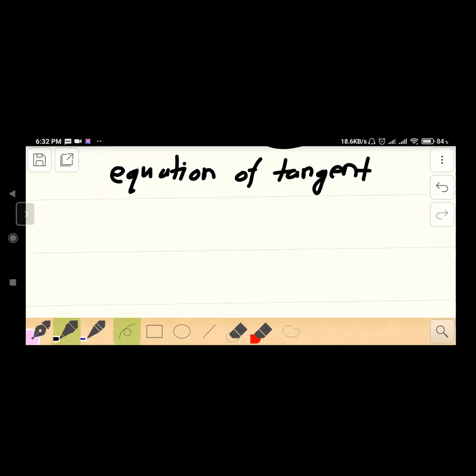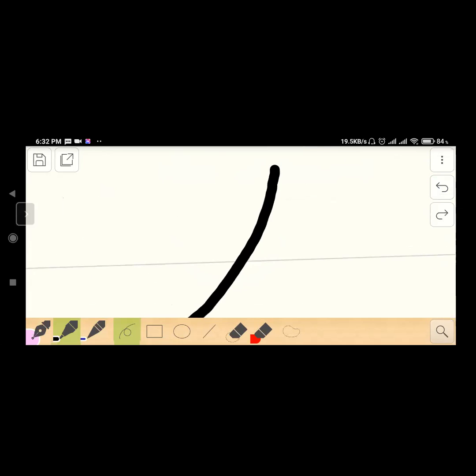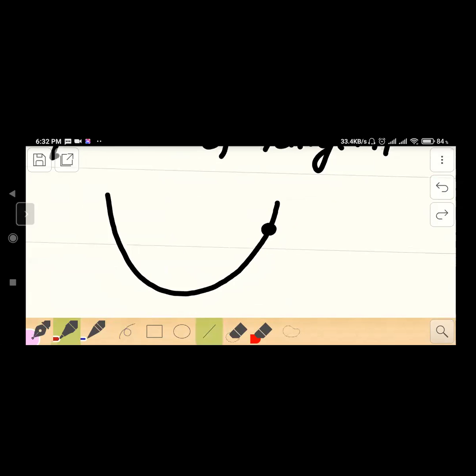That means, ধরো, this is a curve, and at this point you are drawing a tangent like this. Now you have to find the mathematical equation of this tangent.